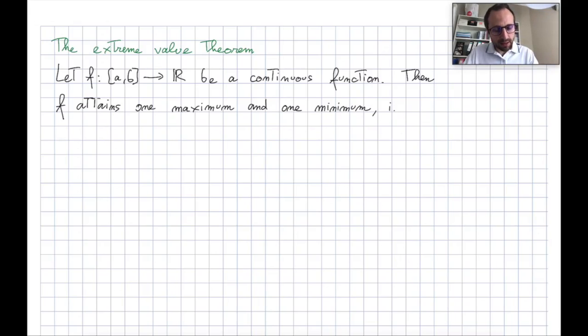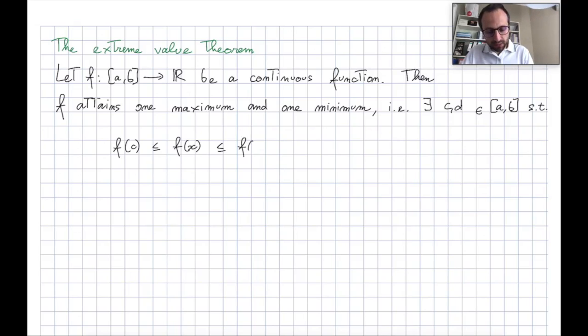It means that there exist two points c, d in the domain of my function f, so in the interval [a, b], such that f of c is less than or equal to f of x, which is less than or equal to f of d, and this has to be true for all x in the domain of f, in the interval [a, b].